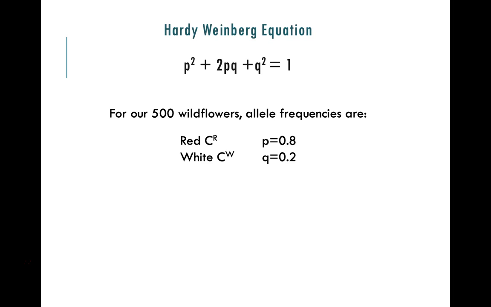In our situation, we actually have incomplete dominance, which is where you get red and white coming together to make a pink individual. So in this case, you can actually see three different genotypes: the homozygous dominant, the heterozygous, and the homozygous recessive phenotype, and you can use that information to calculate the allele frequencies in a population.